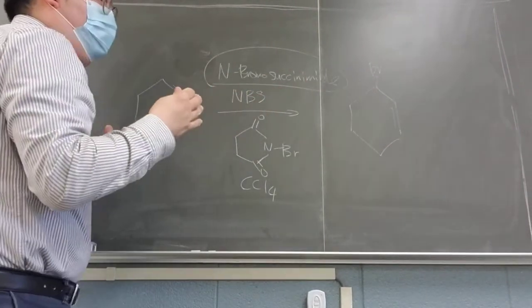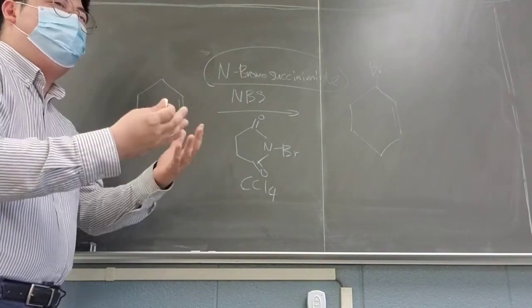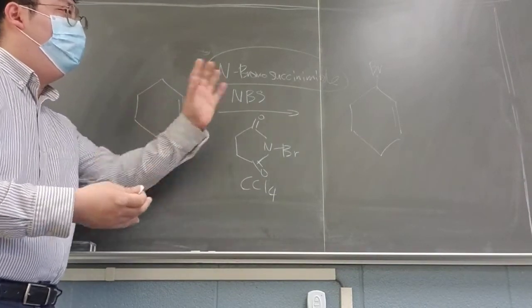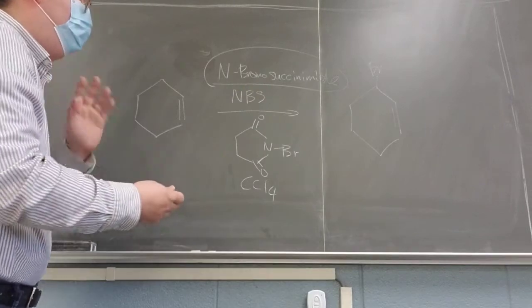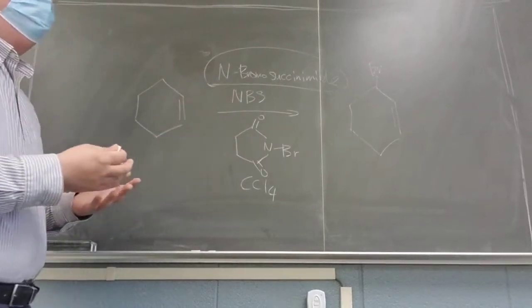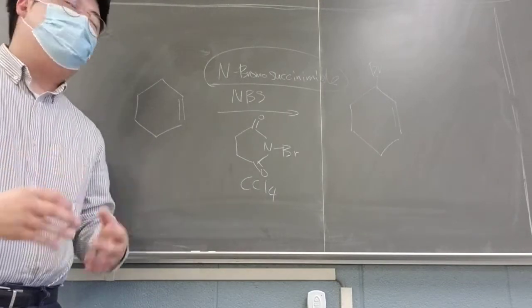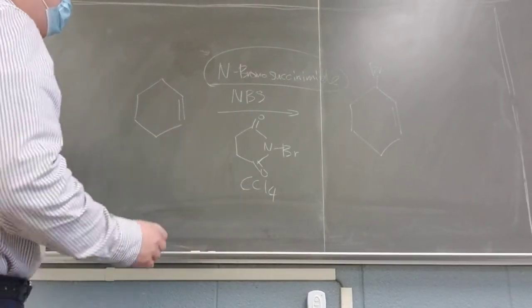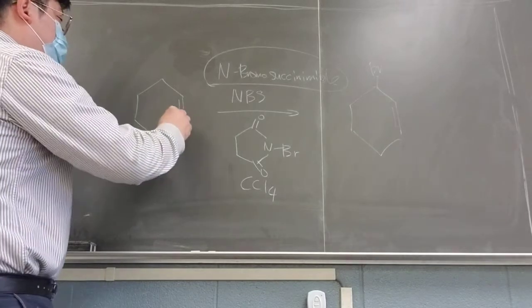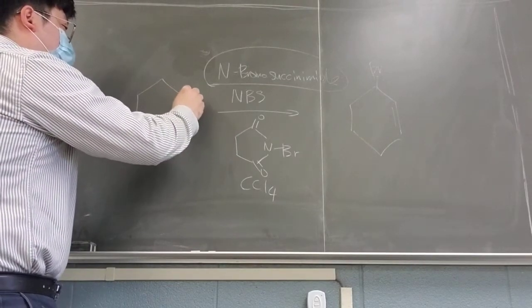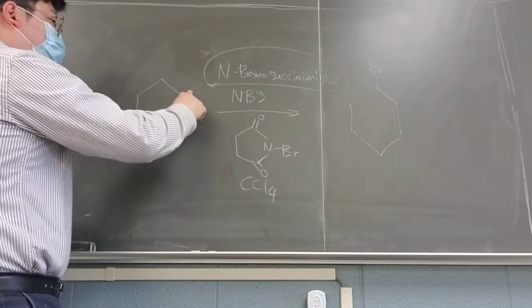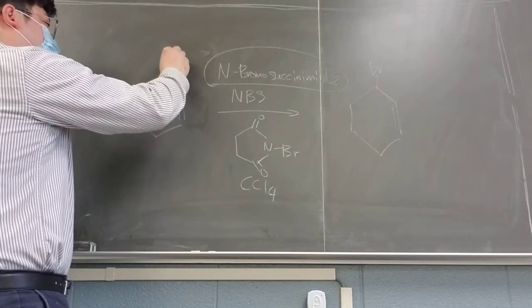And also this is kind of the mild version of bromination. So only one bromine will be there, okay? So this will be a good example to prove why the allylic position is very special, okay? So in this case, what you can do is here. You're going to have it brominated not over here, but here. Okay?